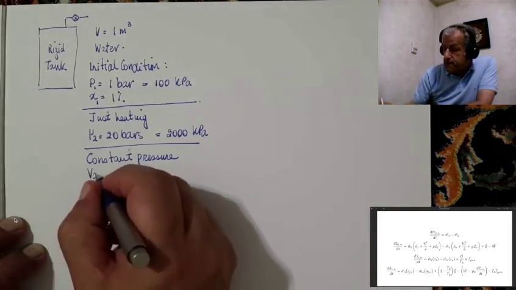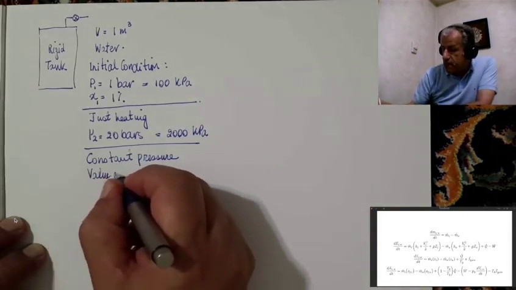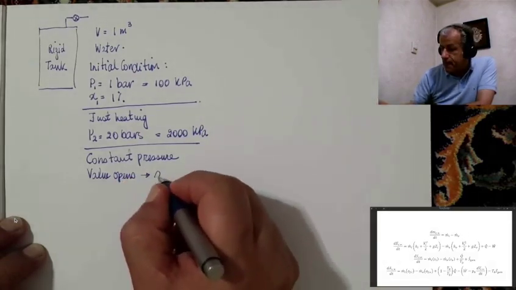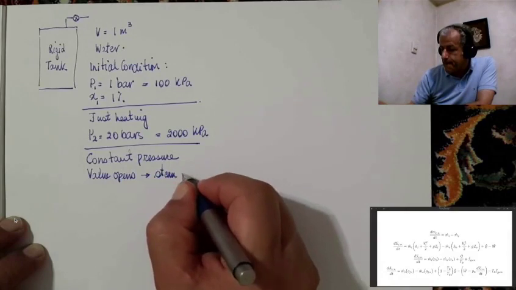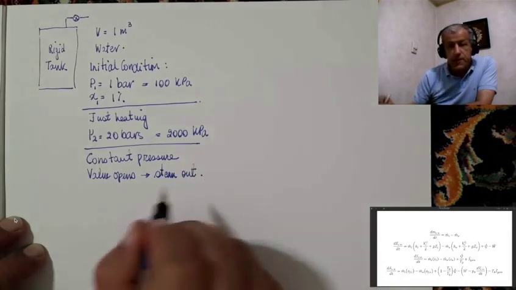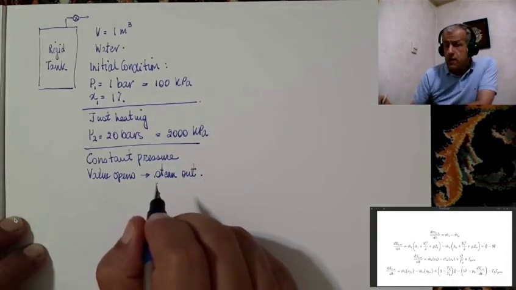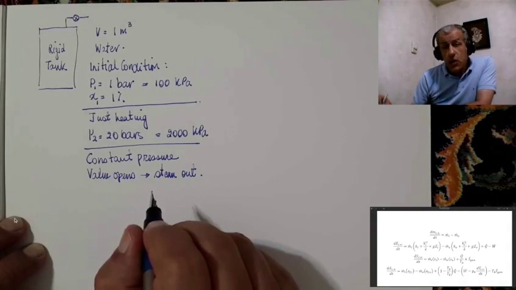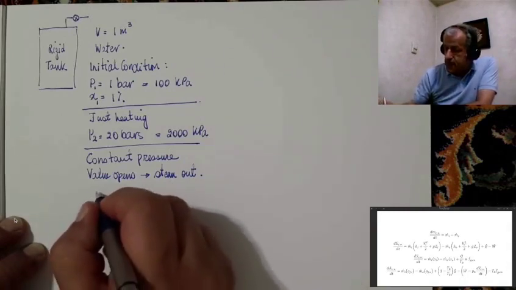Valve is open. The valve opens and lets steam out, so that while we're heating, the pressure remains constant until there is no liquid in the tank.